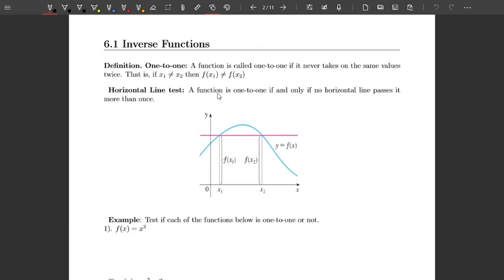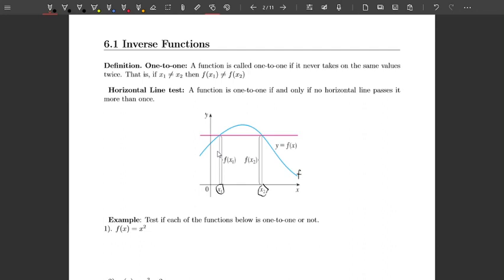Another way to think about it, if the function is defined graphically, is that it is one-to-one if no horizontal line passes through the graph more than once. Now look at this diagram here. Let's say this blue line defines our function, y equal to f. Now for this blue line, you could ask yourself, if we choose x1 here and x2, x1 and x2 are not the same, but do they actually have the same value for f?